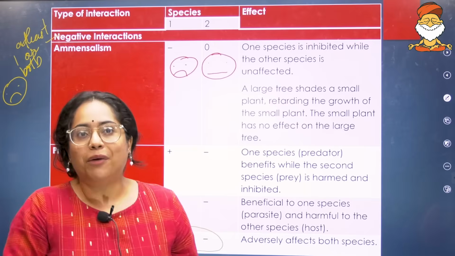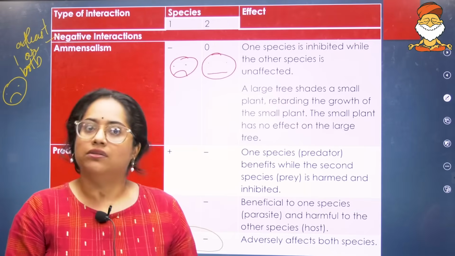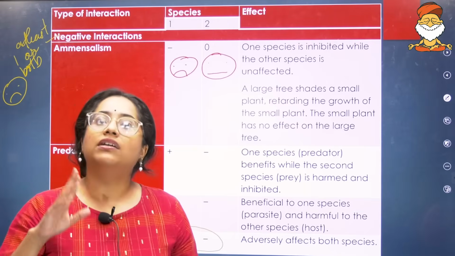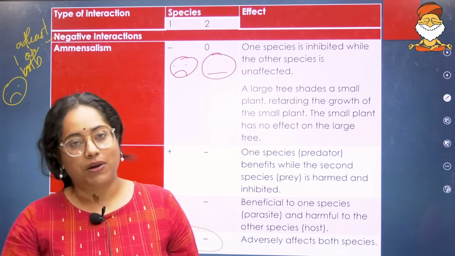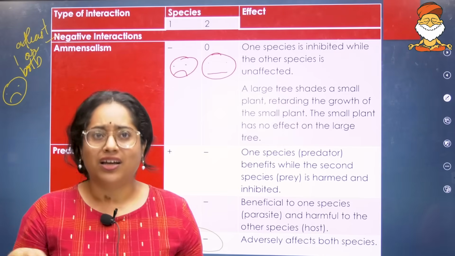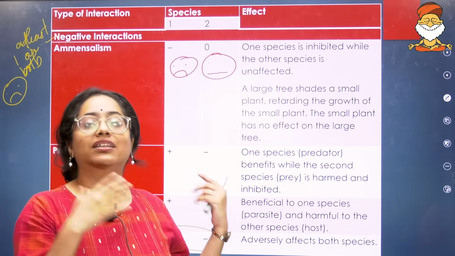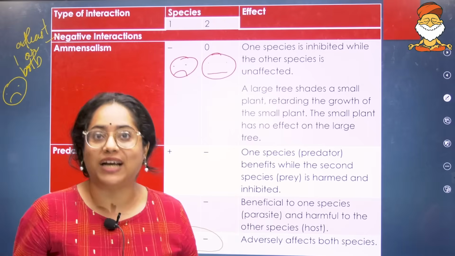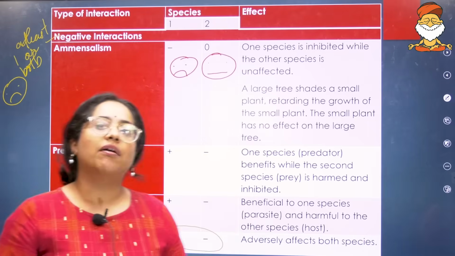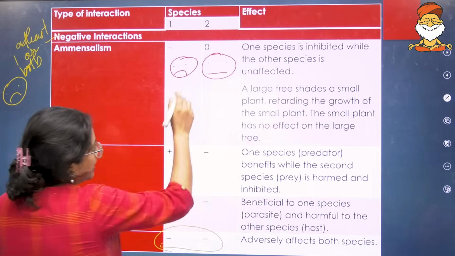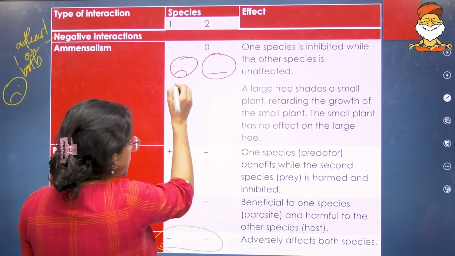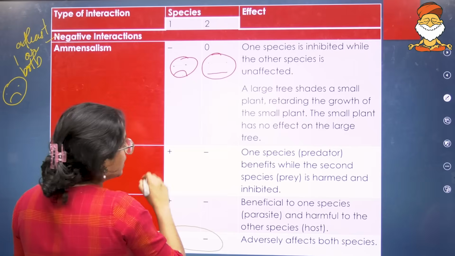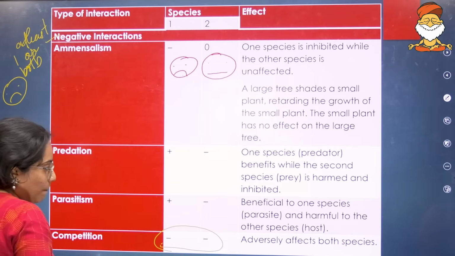But is the tree purposefully trying to destroy the small plant? No. But what is the impact? The small plant is getting destroyed. Is the tree affected in any manner? The tree does not even know that there is a small plant over there. Which means what is happening? One species is negatively impacted, which is the small plant, and the tree has no impact at all.